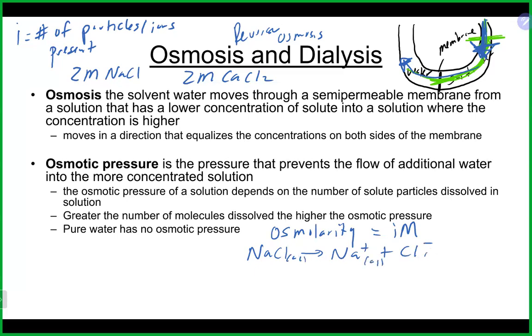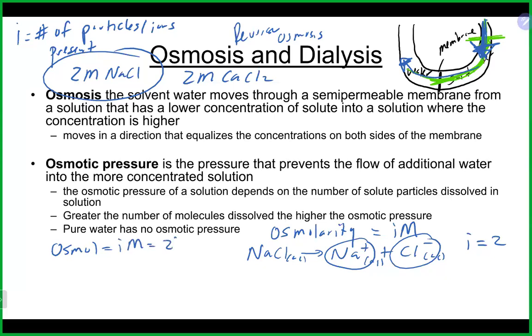If we calculate i, it is as simple as how many ions, so that is 2 ions. i would equal 2 in this case, which means if we calculate the osmolarity for my sodium chloride solution, the osmolarity is equal to i times the molarity. So i is 2, the molarity is 2 molar. This would have a 4 osmolarity.